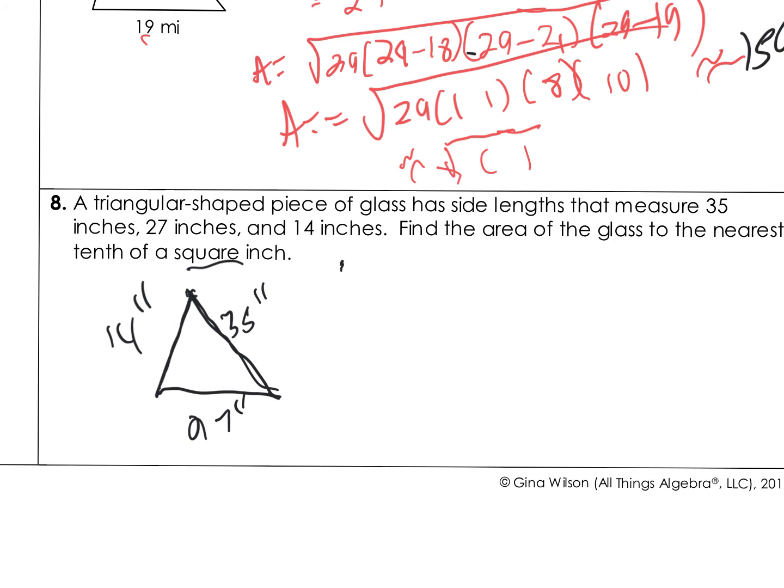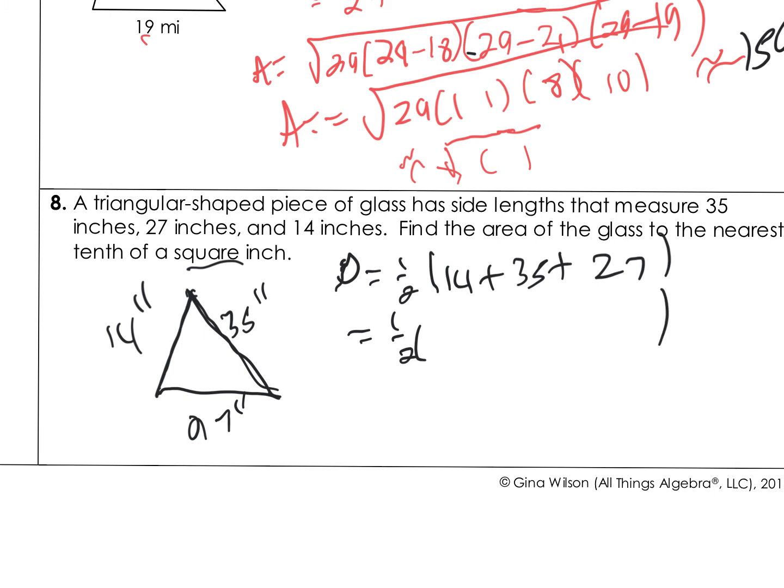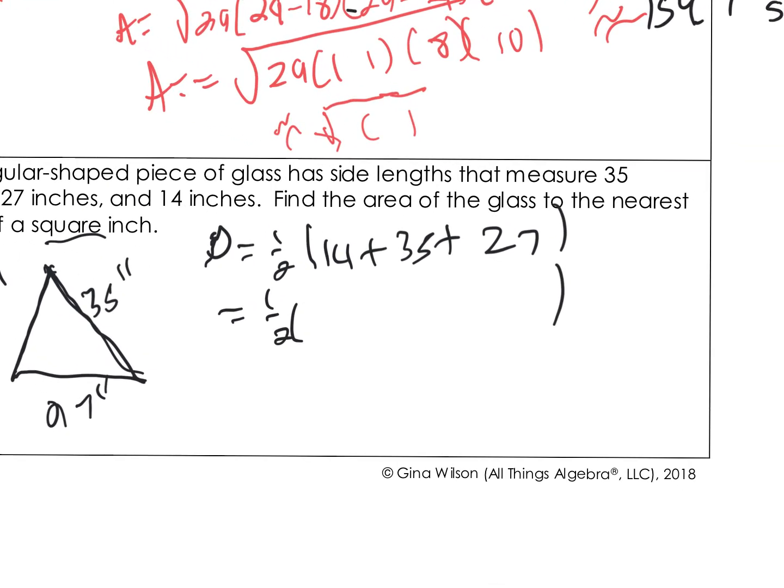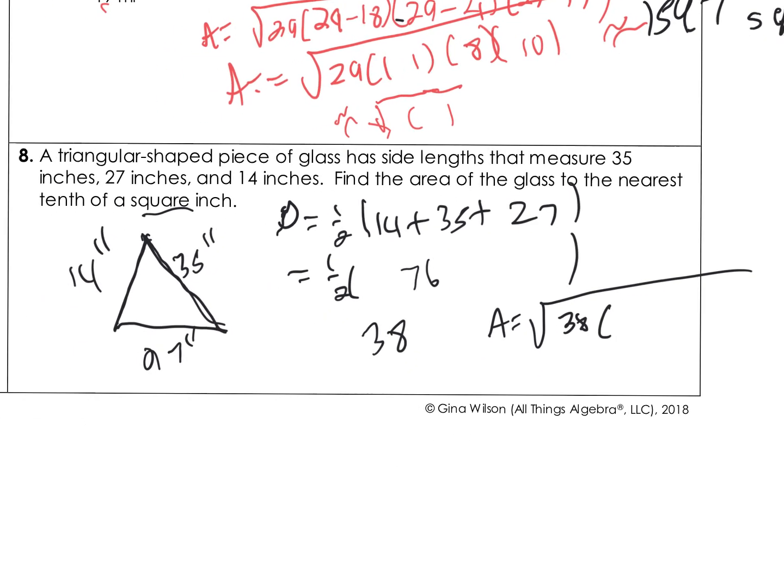So S will be 1/2 of 14 plus 35 plus 27, which is 1/2 times 30, 40, 50, 60, 67, 72, 76. That's 38. So area will be the square root of 38 times 38 minus 14.